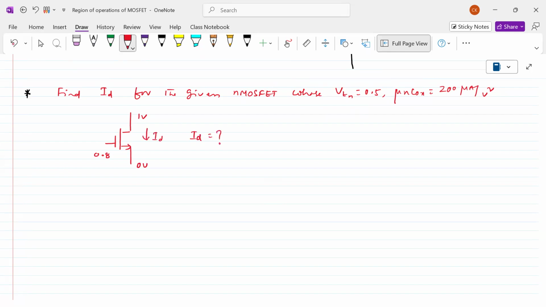Drain ID means the drain to source current. Can you define it? Go ahead and do this.